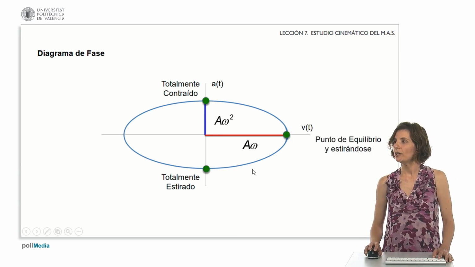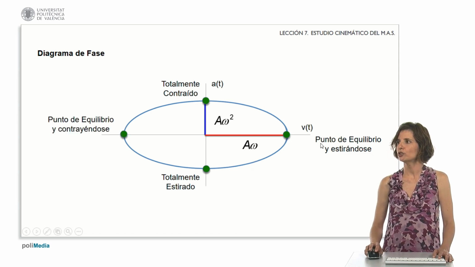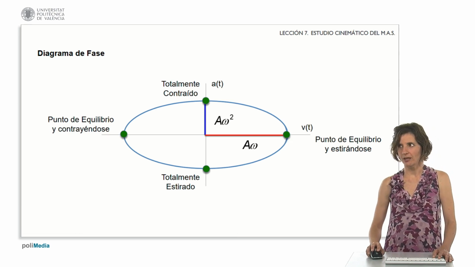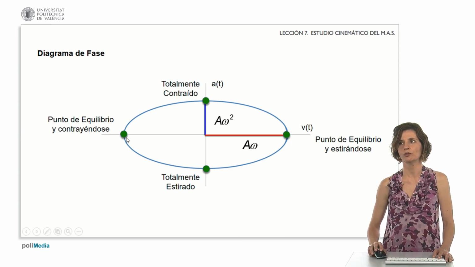When the spring passes through the equilibrium point, either stretching or contracting, the velocity in this case is maximum and the acceleration is 0. When it is stretching, the velocity is positive, while when it is contracting, the velocity is negative.